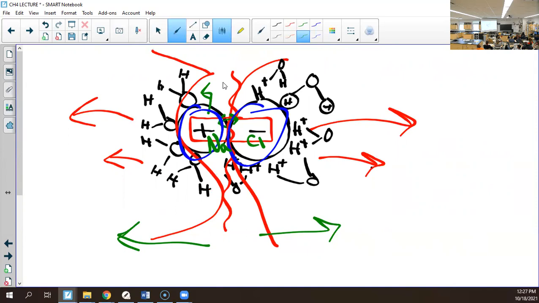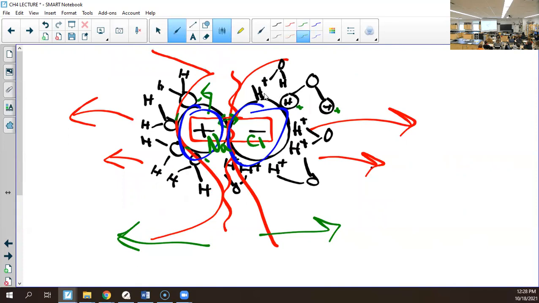What happens is you put it into water, and the positive charge on the Na is attracted to all the partial negatives on water, which is a polar substance, which you learned in biology. And then the minus is attracted to the slightly positive hydrogen ends of the water molecule.